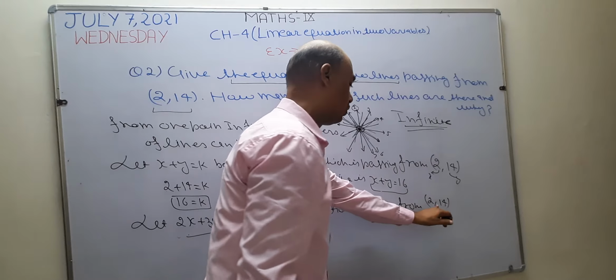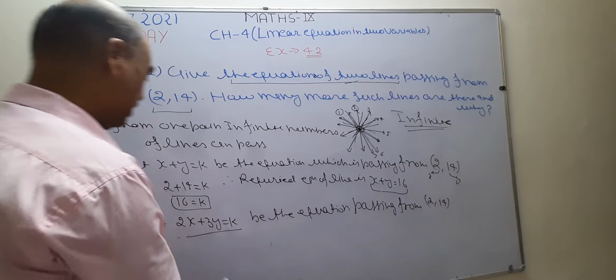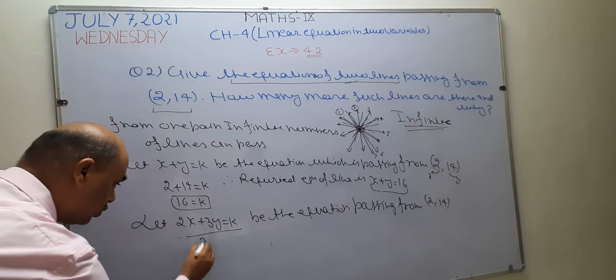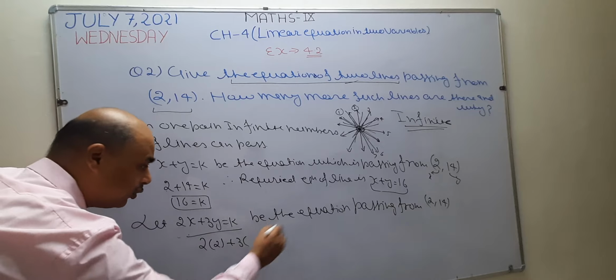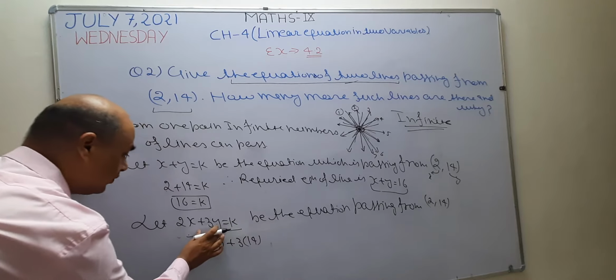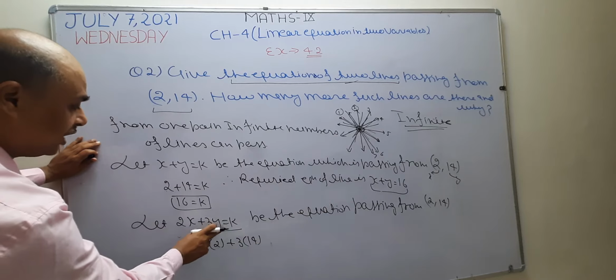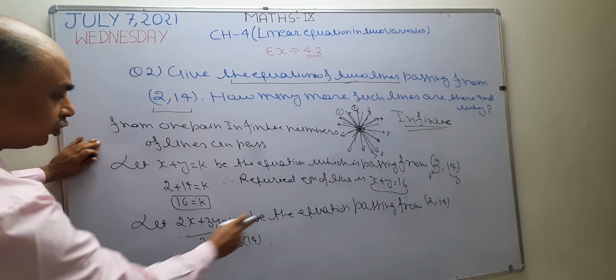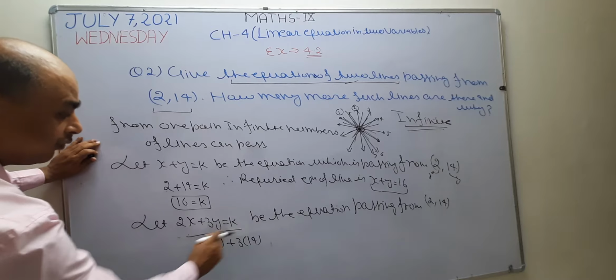Same, I want to write the value of x 2 and value of y 14 in the given equation. So instead of x I want to write 2, instead of y I want to write 14, because this equation is going to pass from this point. It means these points are going to satisfy this equation. These are the solution of this equation. This is the reason I want to take x equal to 2 and y equal to 14.